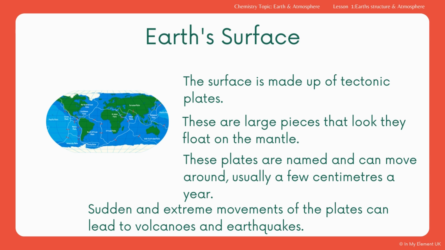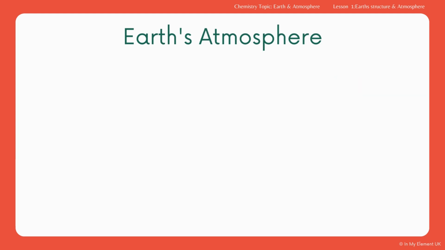Now, there are some volcanoes that are active and some that are inactive, and there are people that live along these fault lines, these tectonic plate lines, and they know that they are at risk of earthquakes. You can do a little bit of research into that, finding out where they more commonly happen. So that's the surface of the Earth.